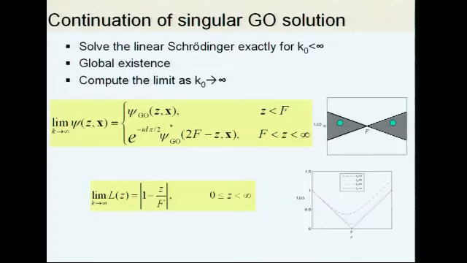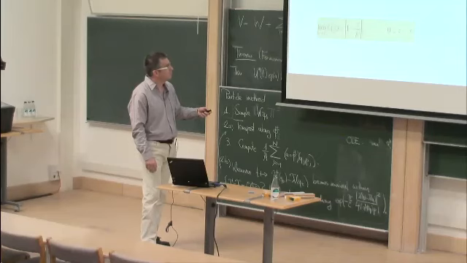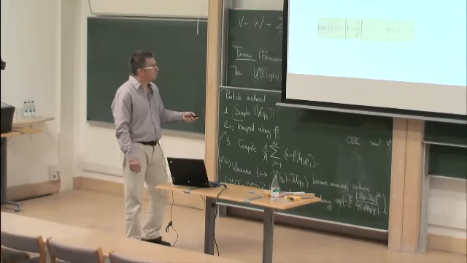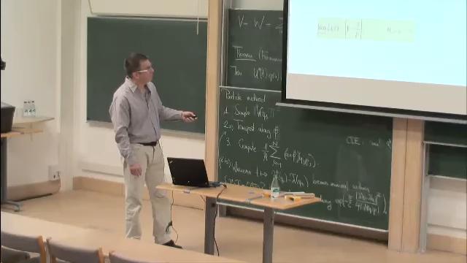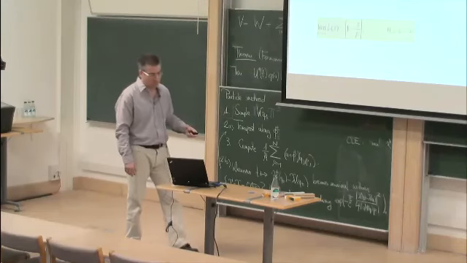So again, you have this symmetry with respect to the singularity. L of z is symmetric, it's linear before and after the singularity. And here you see the cartoon of L of z as k0 goes to infinity. You see that you go to this limit.